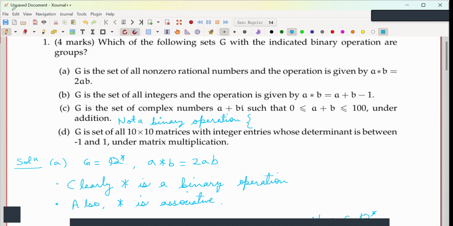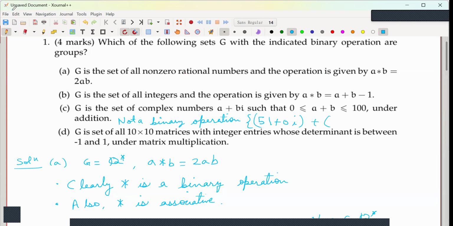Take A to be 100 and B to be 0, and for some other example, take A to be 0 and B to be 100. Yes, or you can simply forget this. Just write say 51 plus 51. This is your first one, this is your second one, right? So whatever example you gave, that is also fine.